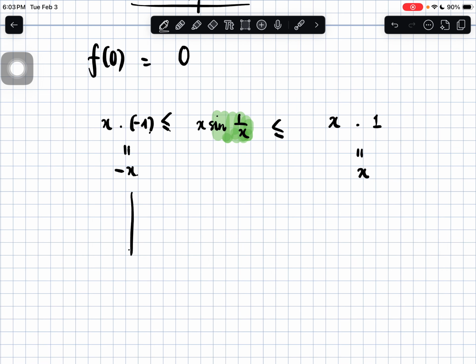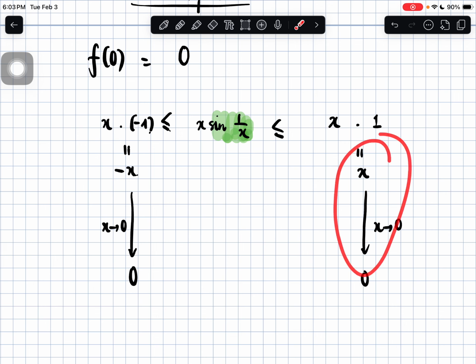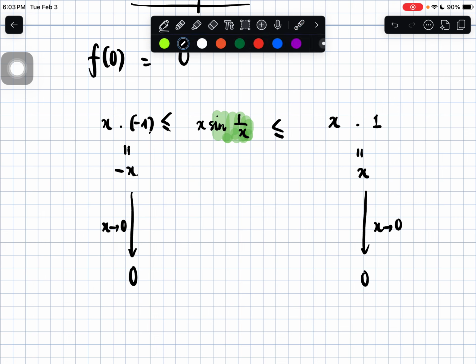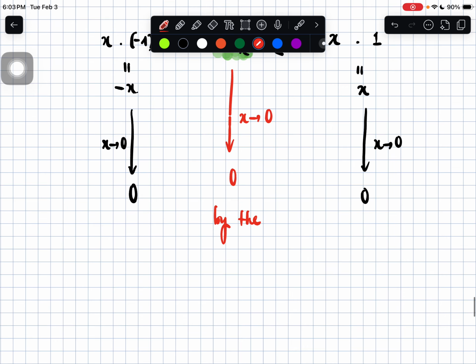The limit when x tends to 0 of minus x is 0. The limit when x tends to 0 of x is 0. And by the squeeze theorem, the limit of this one when x tends to 0 must be 0.